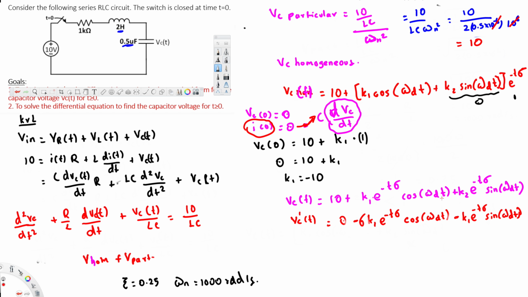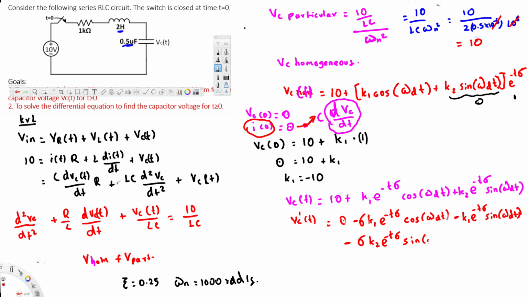Okay, now we have taken care of the first part. Now let's go for the second part. In the second part, we are going to take the derivative of this e power negative t sigma first. So this is going to be just negative sigma times k2 e power negative t sigma, and if we take the derivative, we keep the sine first as it is.